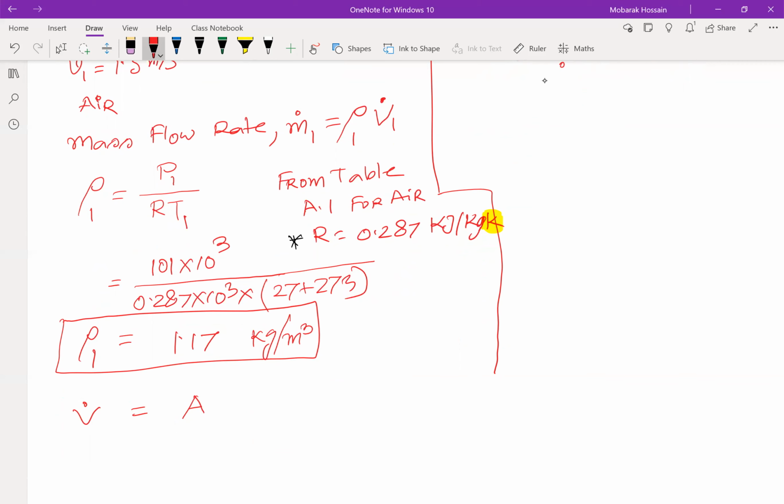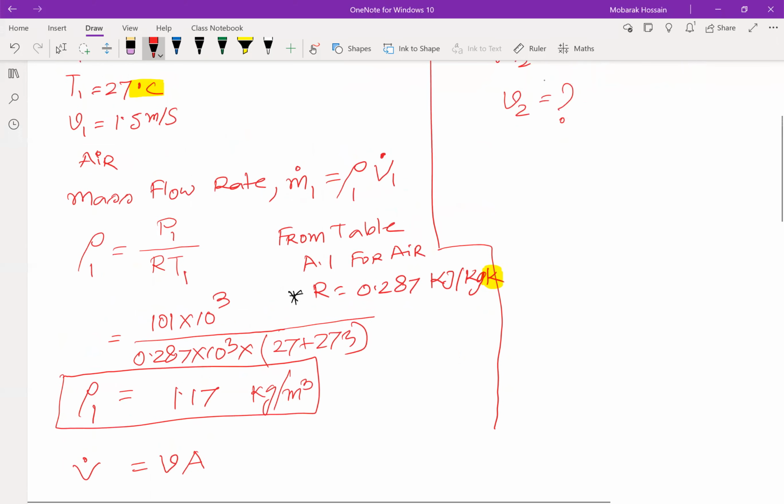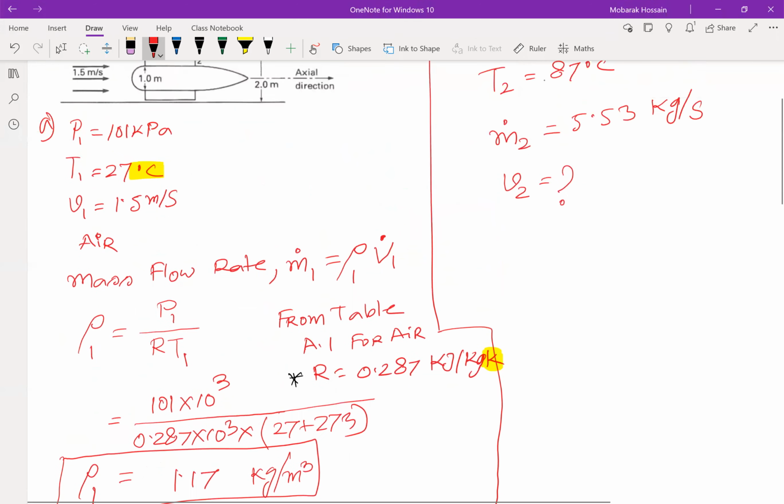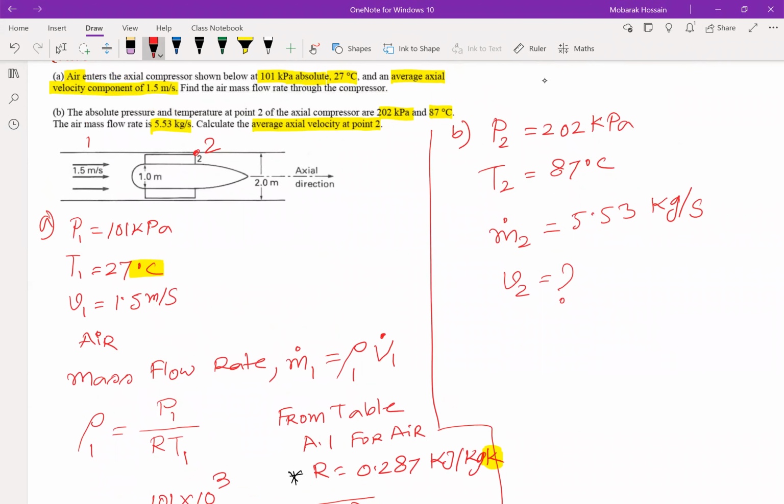Velocity is given as 1.5 meters per second, and the location 1 area is this one. They gave us a 2 meter diameter, so we can find the area.